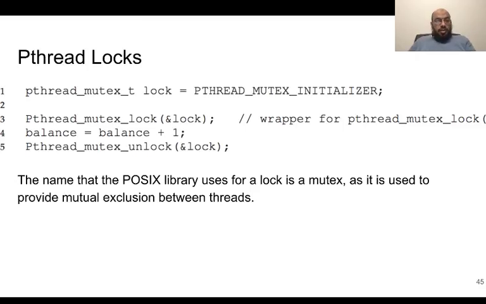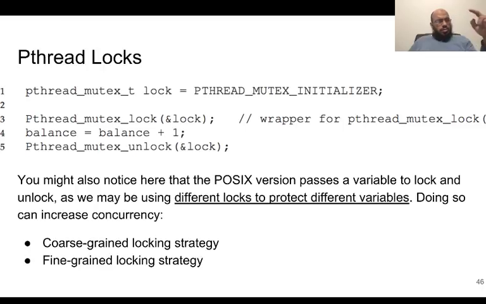This is how you would write locking code. I hope you have read the previous chapter in the book. If not, do read it, because it's very important that you understand the lock APIs. I think it's the previous one.